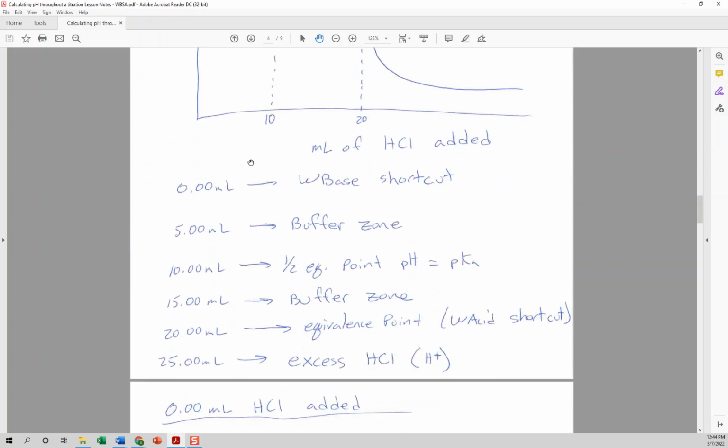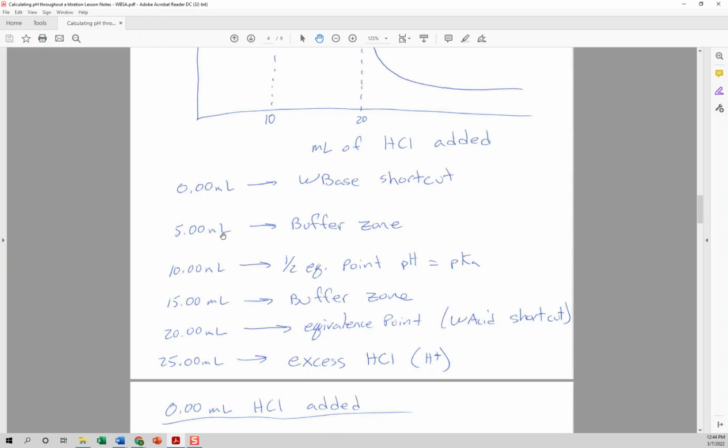All right, so if we map it out, remember these are the milliliters at which we want to calculate the pH in our flask. Before the titration, before we add any HCl, it's just a weak base shortcut, okay? Anytime after 0.00 milliliters are added but before the equivalence point, we're in the buffer zone.